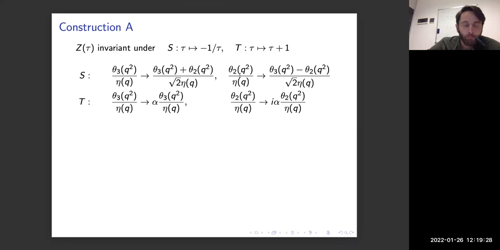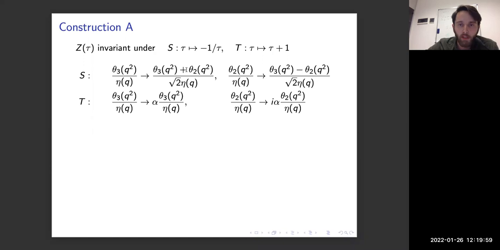Okay. So the goal will be to translate the modular transformations into transformations on the enumerator polynomial. In other words, we want to see which enumerator polynomials will lead to a modular invariant partition function. And the way we do that is we look at how the transformations act on these Jacobi thetas. It's some fairly simple formula if you divide by eta.